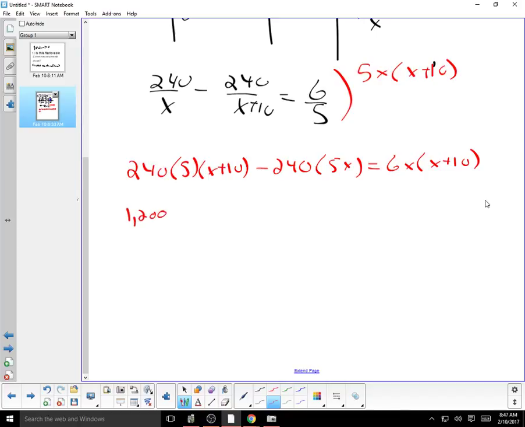Minus 1,200x is equal to 6x squared plus 60x.